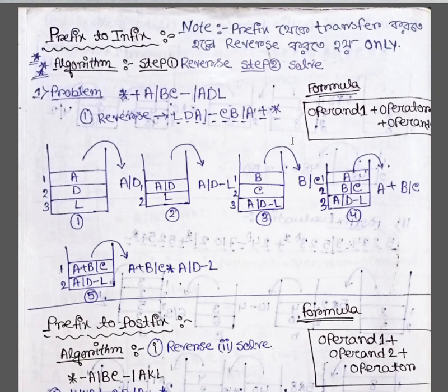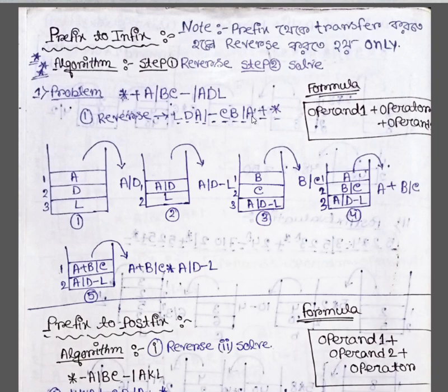So B is popped out, then the operator slash, and operand 2, that is C. So this is our current state. What was already present in the stack remains the same, and this new current state will be pushed inside the stack.